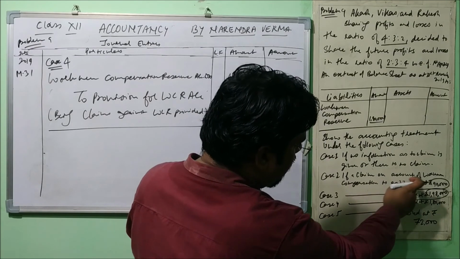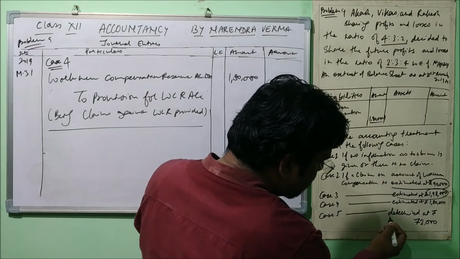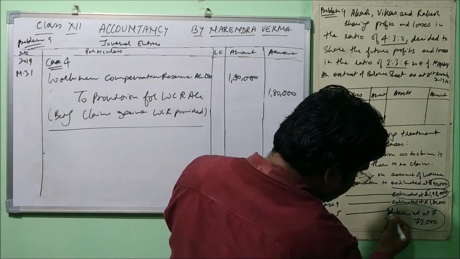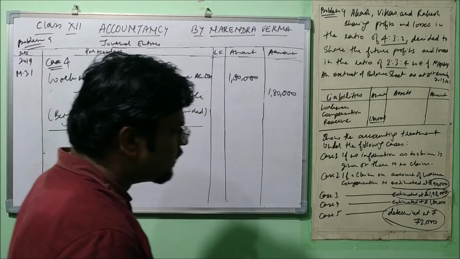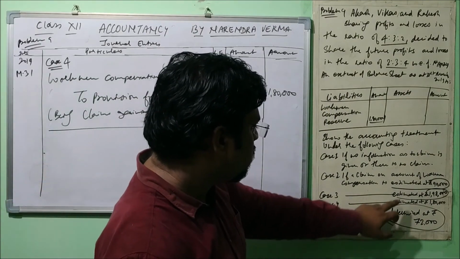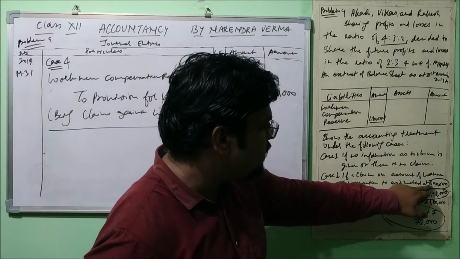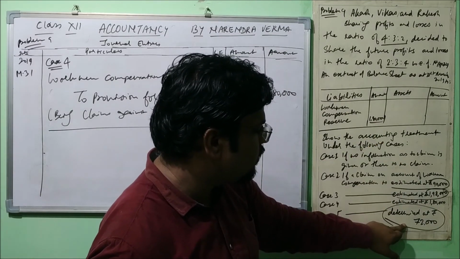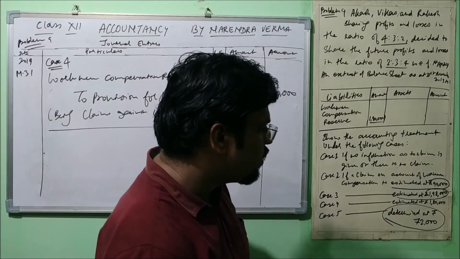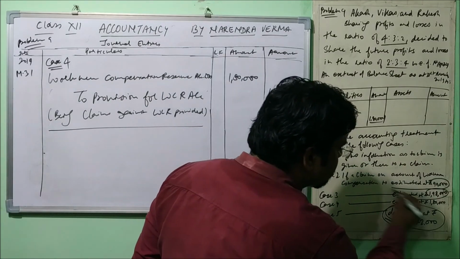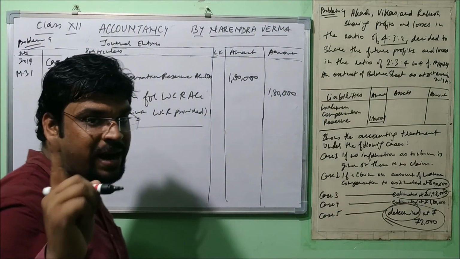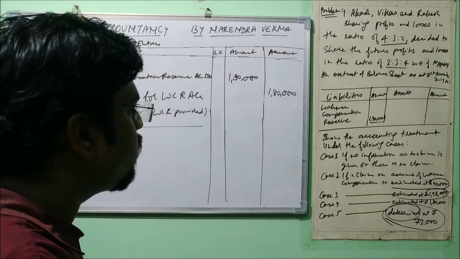Right. Now the last case, see the language here, the same. If a claim on account of Workmen compensation is determined at rupees 72,000. Okay, this case is similar to case 2. This is also less than the WCR, but here the language is different. The word determined is given, and I told you that when the word determined is given, the things change.